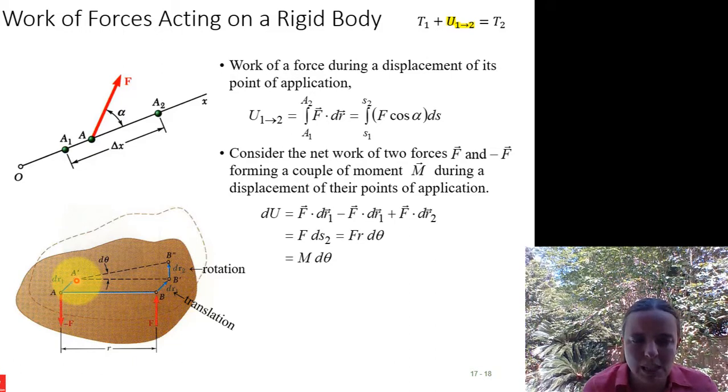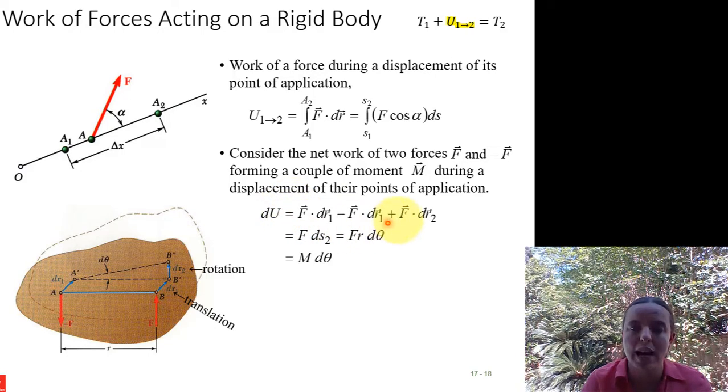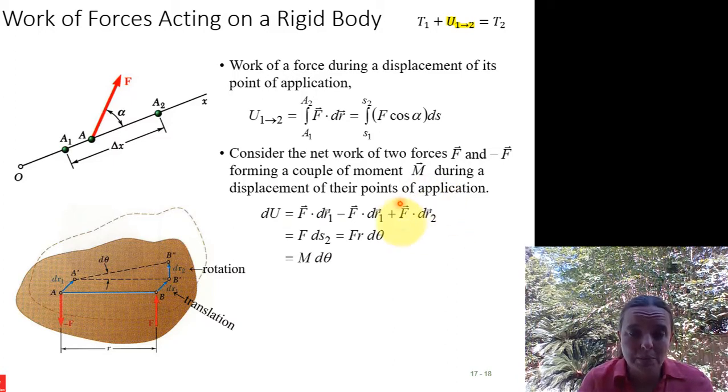But for these displacements going forward, the work cancels out because it's positive on one side and negative on the other side. So the translational piece created by these two forces, you don't have to worry about the translational motion. That cancels out. However, there's this other dimension, R2, that does not cancel out. This is the rotational piece of the motion. So as well as going forward, it's also rotating.